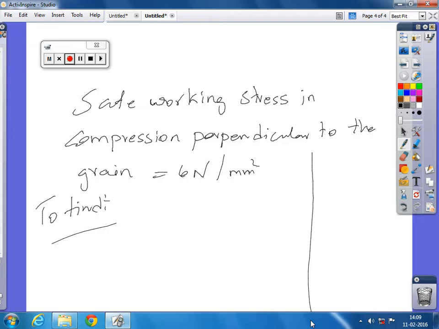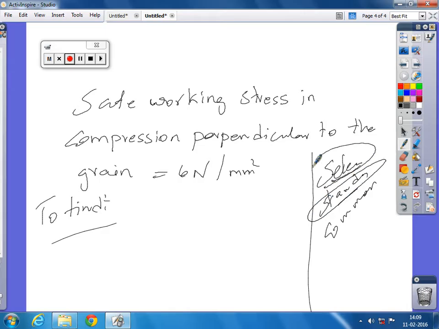See, there are 3 grades, we know that, right? What are the grades? Selected grade, standard and common. Listen carefully. The safe working stress is given for standard grade now. Yes or no? And we need to find out for selected grade and common grade.